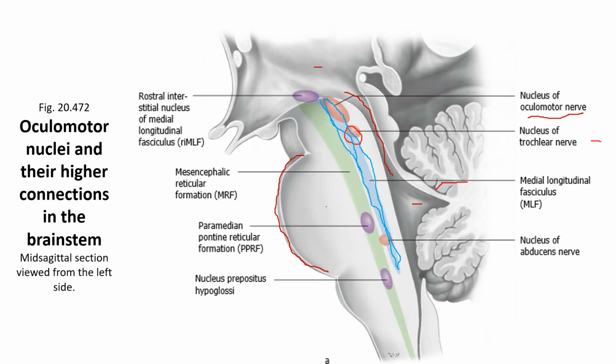So coming up, let's start up at the top here. So you can still see some rostral interstitial nucleus and medial longitudinal coming up here. So MLF area, the nucleus for that. And then mesencephalic, so midbrain-ish, right? So we're already kind of into the pons area specifically here, but mesencephalic reticular formation.